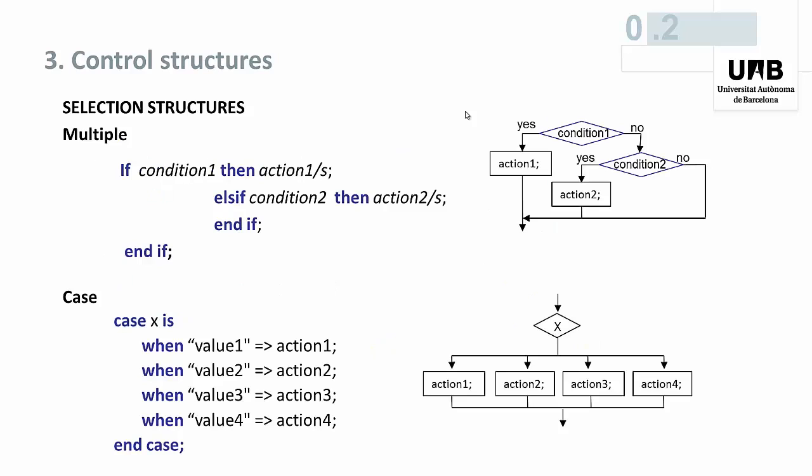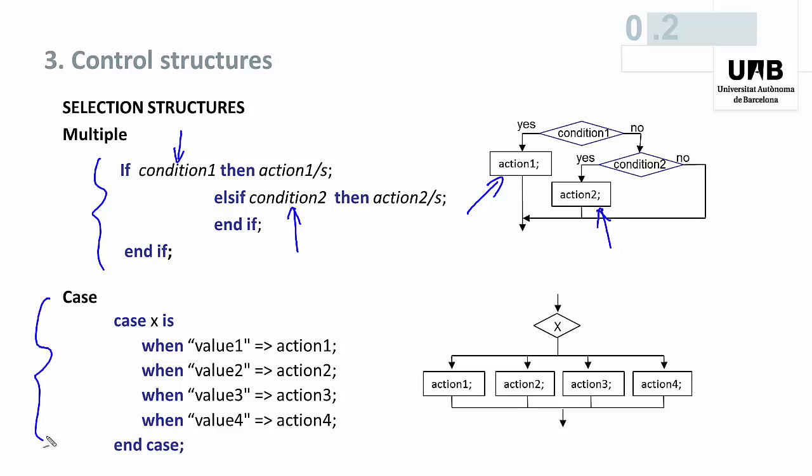Another example, this one. If a first condition holds, then some action or some sequence of actions. Else, if a second condition holds, then another action or another sequence of actions.